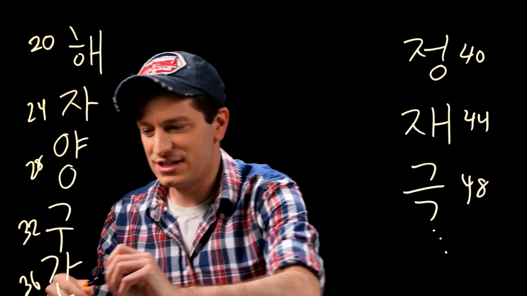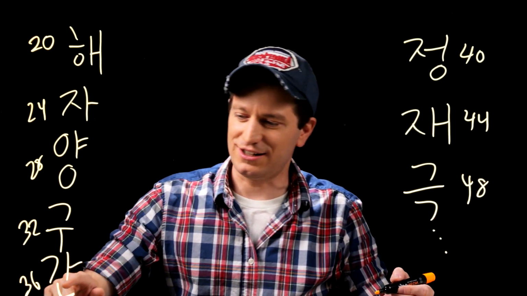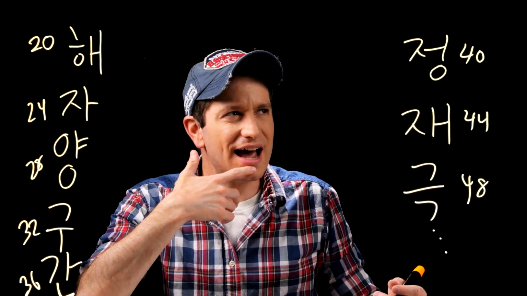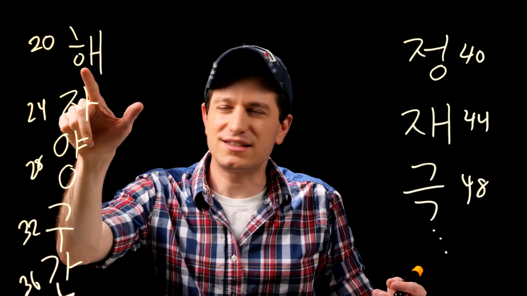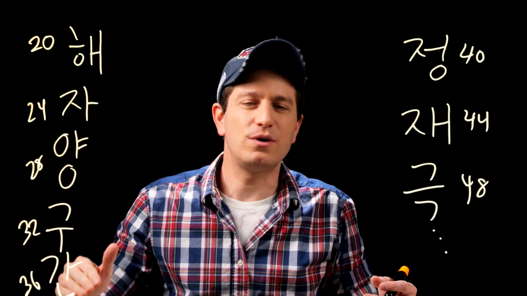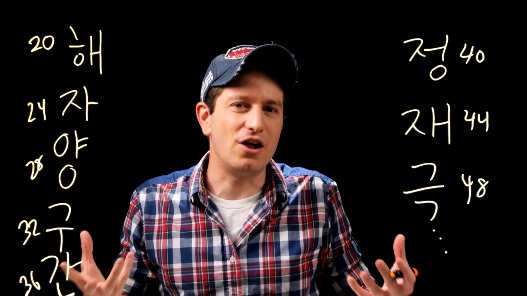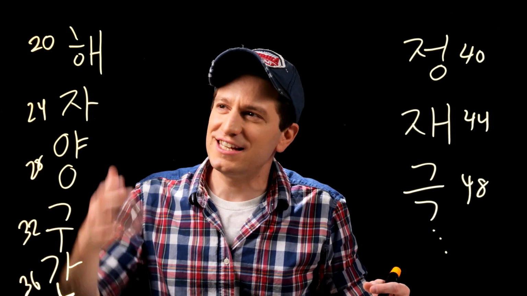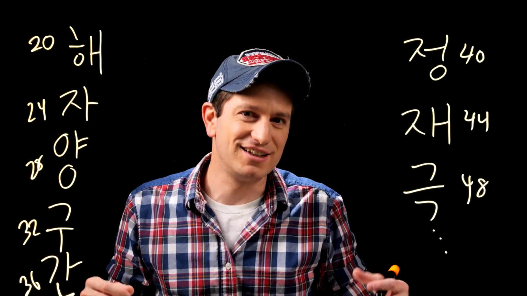You can't even see this one. 간. There, I'll write that clearer. Most Koreans will not even be aware of these numbers. In fact, I've asked a few people and some of them have told me they have heard up to 해. Beyond that though, you're not going to find these in the regular knowledge of native Korean speakers. Anytime you see any number beyond this, it's going to also be defined together with it.